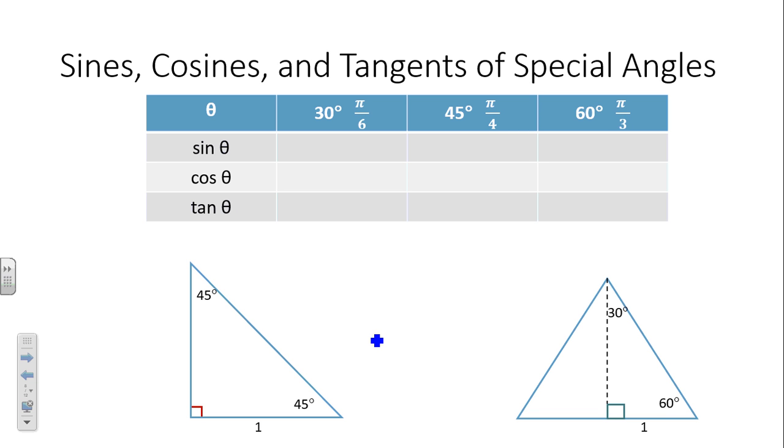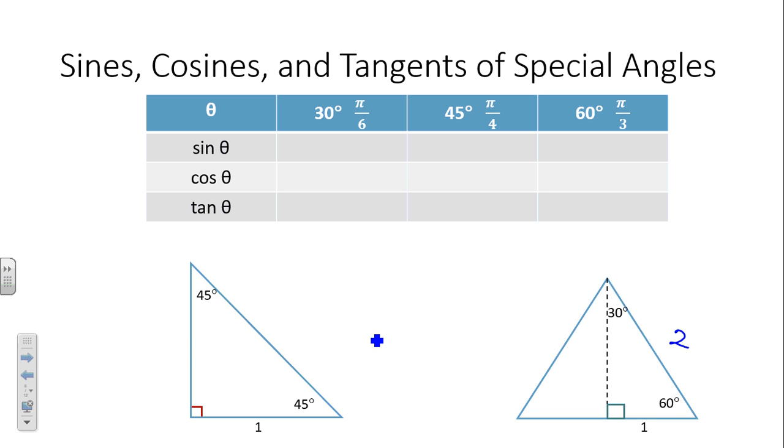So if we start out with an equilateral triangle, and we drop a perpendicular from that vertex to the base, it splits it into two 30-degree angles, and it bisects the sides.